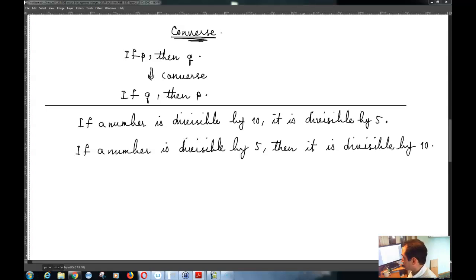So as another example, you want to write the converse of these statements. Let's say that you have: if a number n is even, then n squared is even.